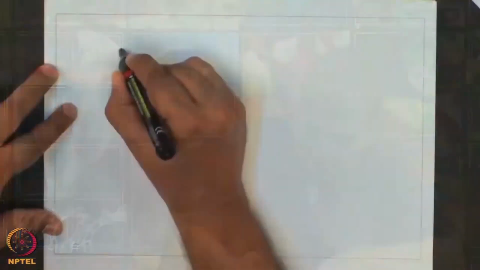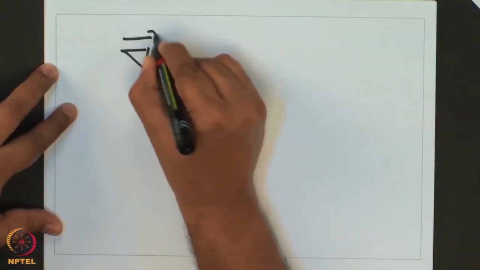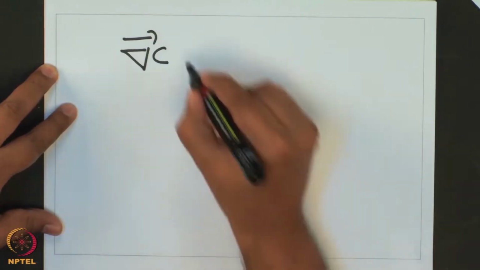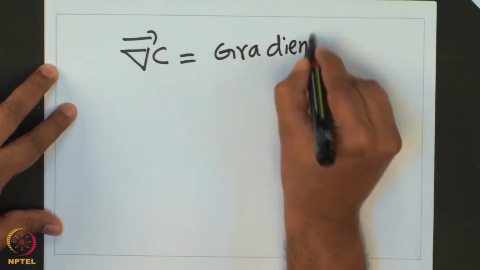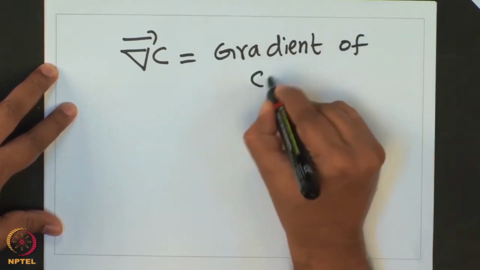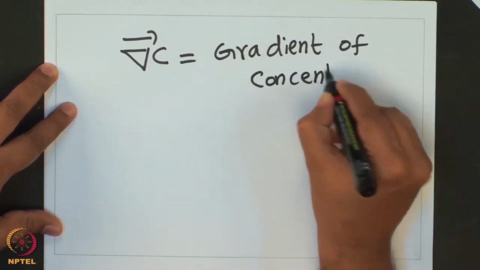Now there is a way to represent the gradient mathematically. There is a symbol. The gradient G is typically written by this symbol, del C, which would mean gradient of concentration.